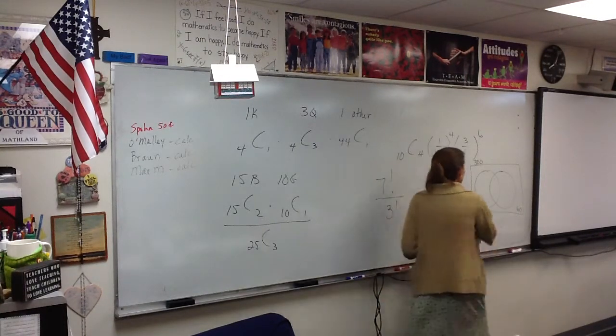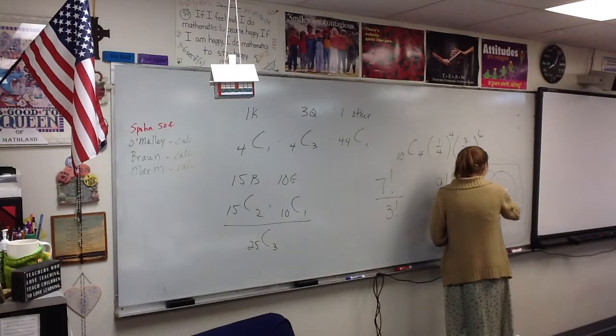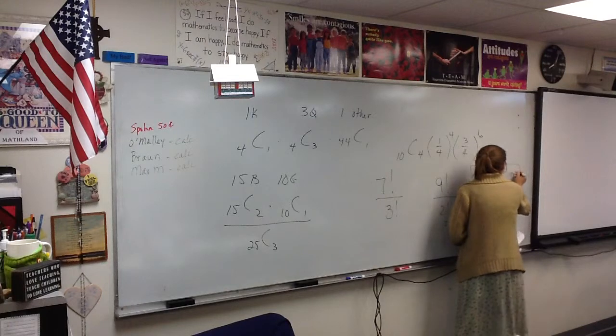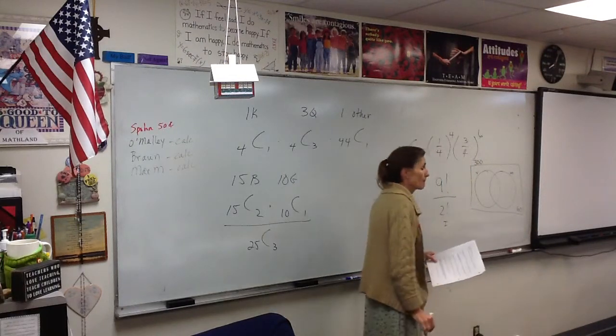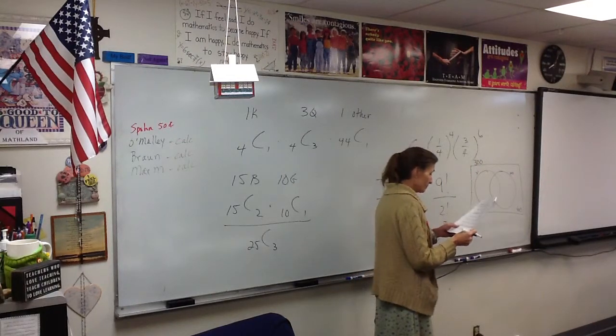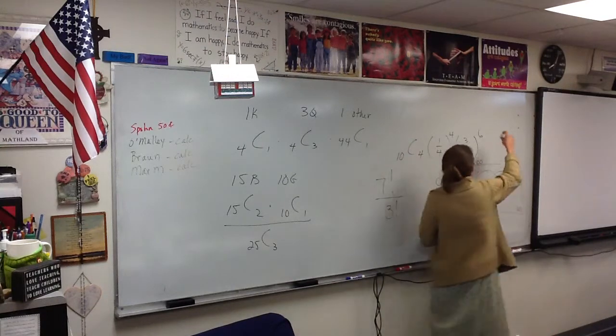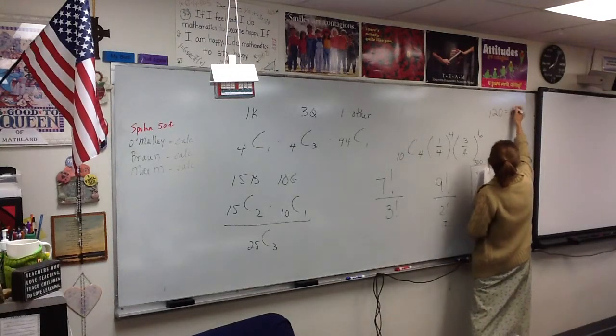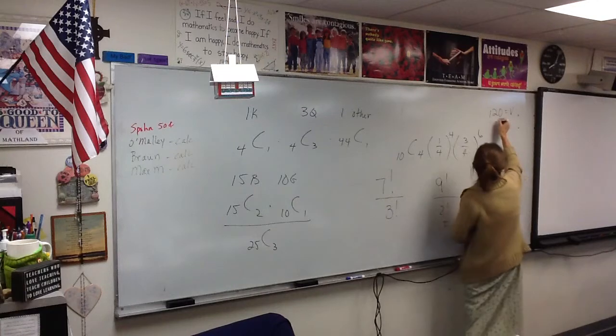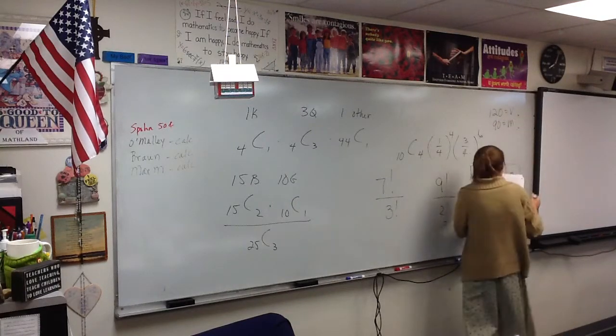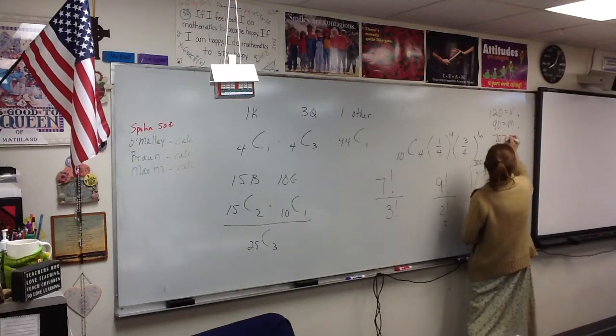And of the remaining 240, they love vectors, or they love matrices, or they love both. So we've got 120 that love vectors, we got 90 that love matrices, and we got 70 that love both.